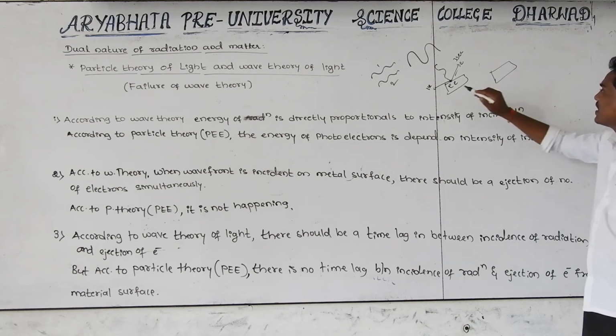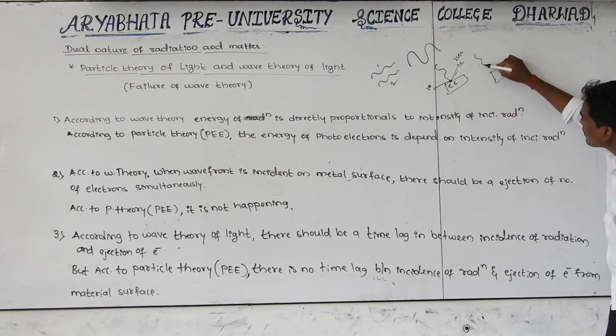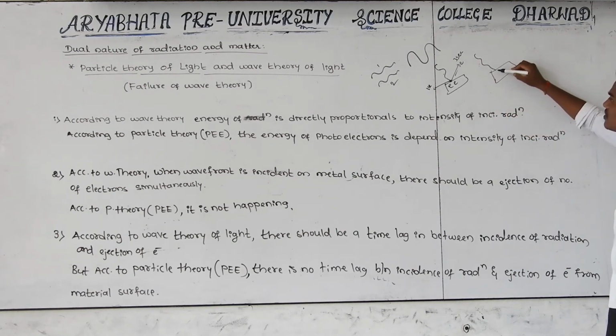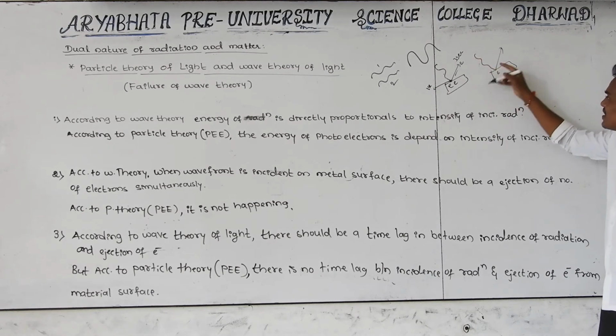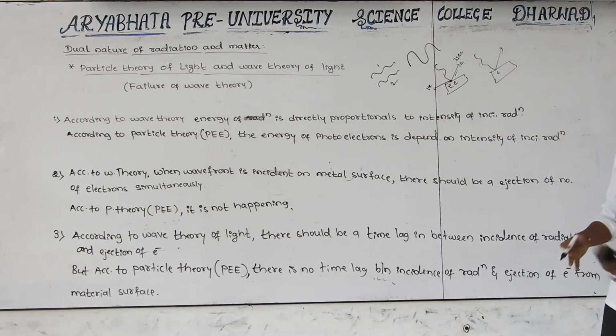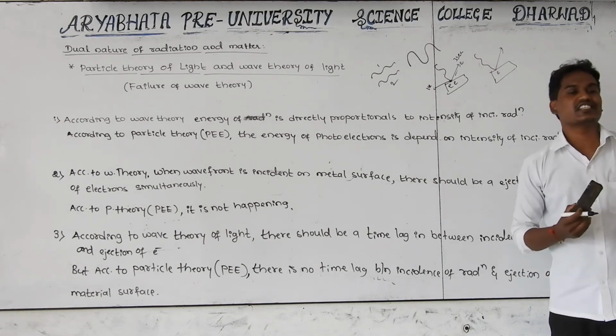The particle theory says that suddenly on incidence of radiation, there is an ejection of electron. Whenever the light is incident, suddenly there is an ejection of electron. Means there is no time lag between ejection of electron and the incidence here.